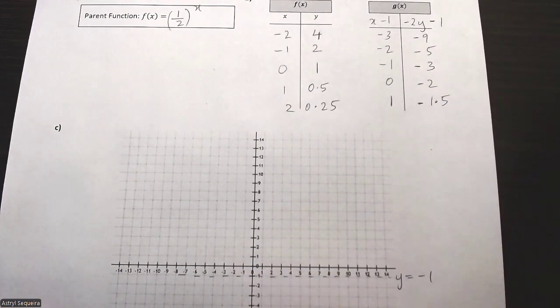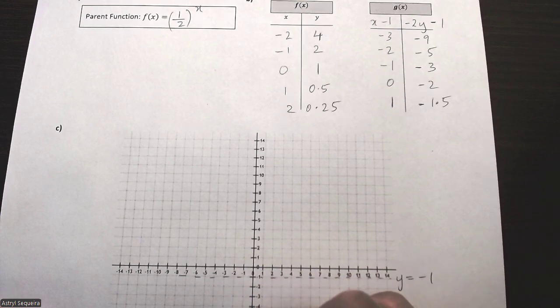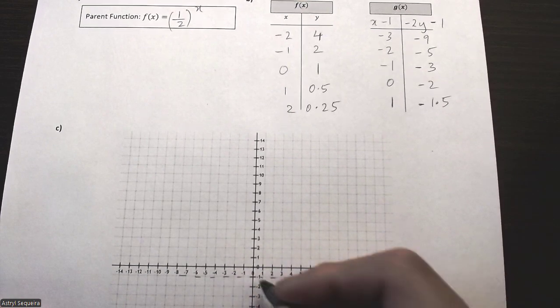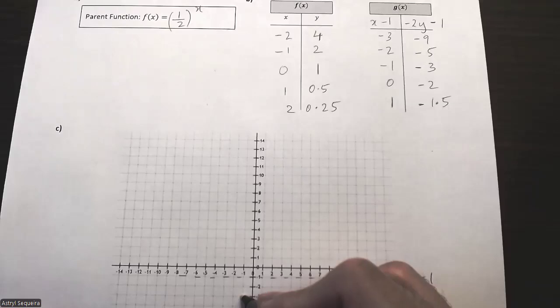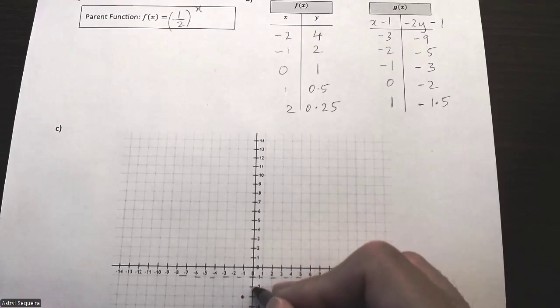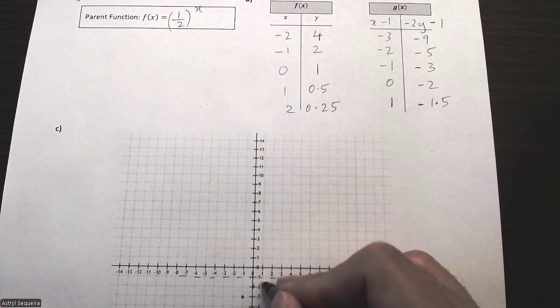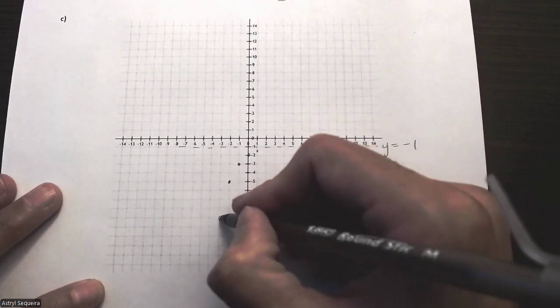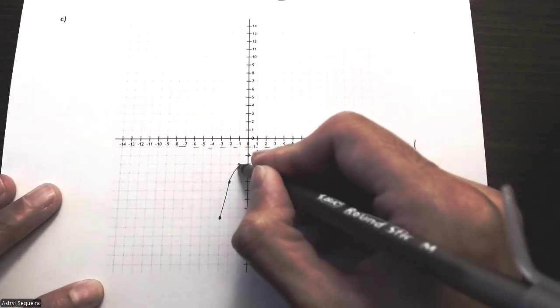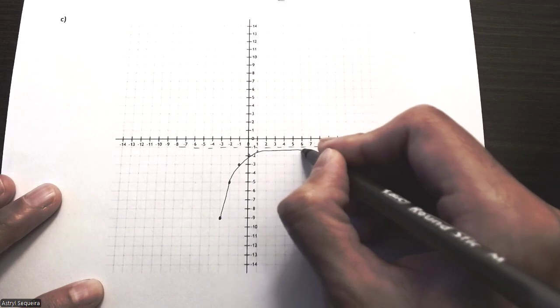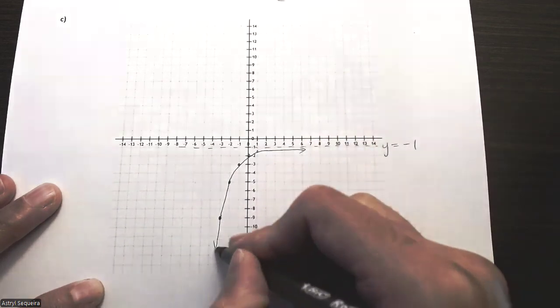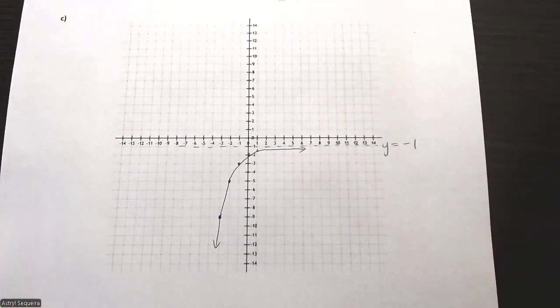So -3 and -9, -2 and -5, -1, -3, 0, -2, and 1 and -1.5. So those are my 5 points there. And then I'll just draw the function. Make sure it hugs the asymptote on this side, and on the other side, it's just going down.